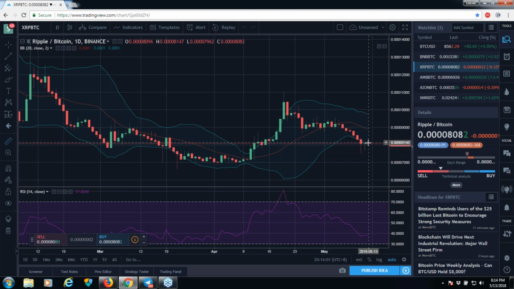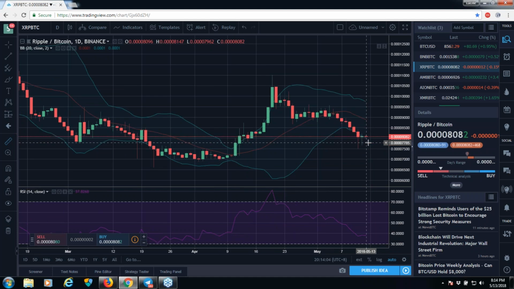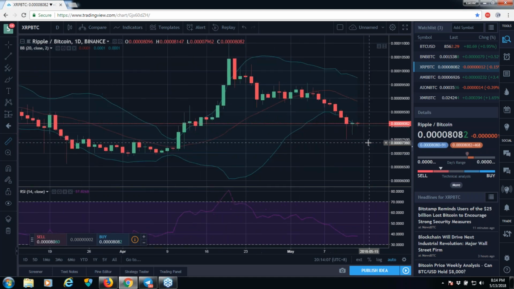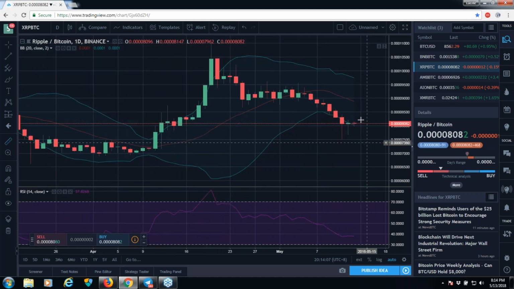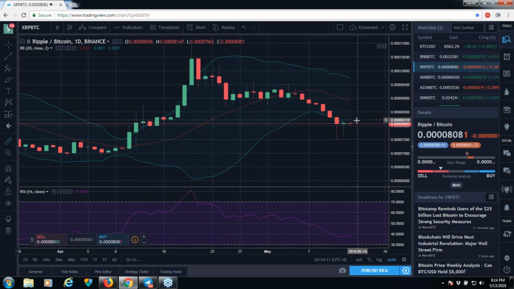Let's get 80.75. Actually, let's make this a little bigger. There we go. Doesn't matter if it's a little higher. 80.70, that's close enough. Not going to make any difference. And we're at 96.09. So now we move up.